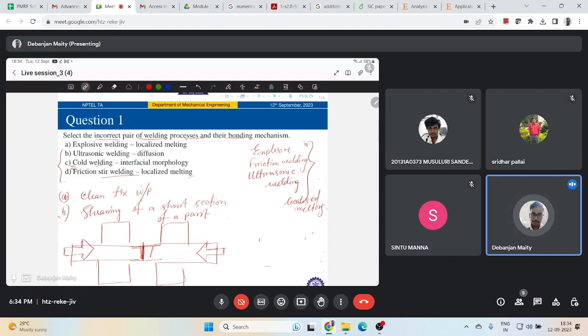And what is this diffusion based process? So here, this is my incorrect pair. Here diffusion is a thermally activated process related to material properties, of course. Then you can have some kind of recovery. Are you familiar with this concept of recovery, recrystallization, those things? Yes, no, anyone?